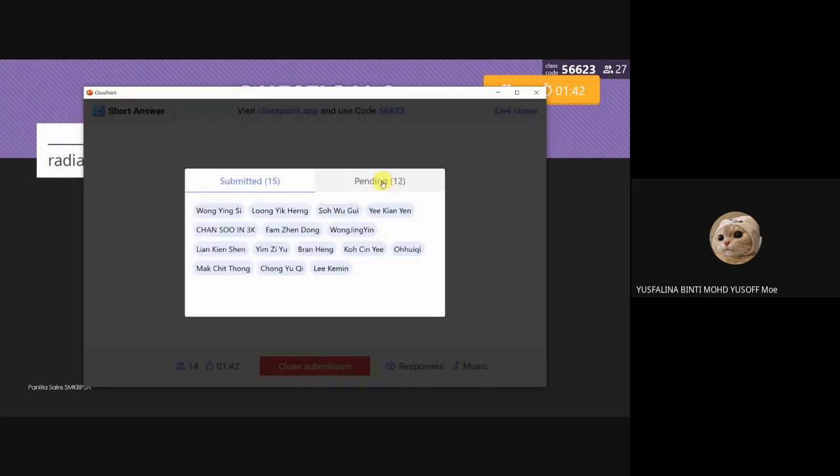Right, so let's check who still didn't give the answer. So radioactive decay or radioactivity, which one? Okay, if you remember, I said on Monday, right? They must have the words "until it becomes more stable" if it is radioactive decay.